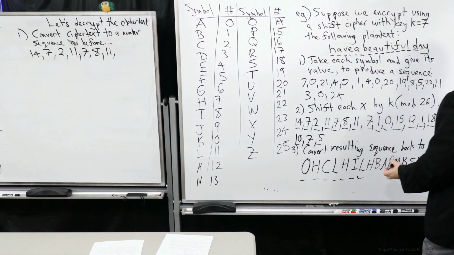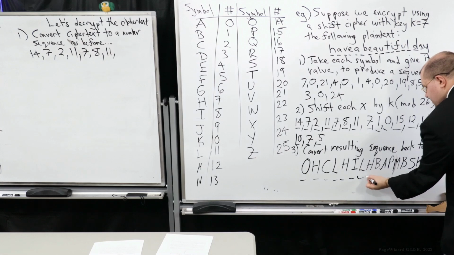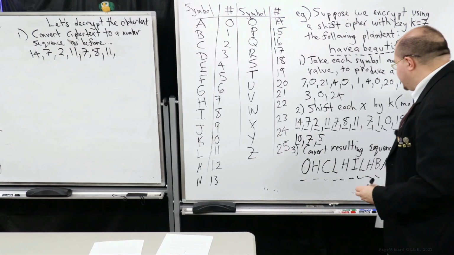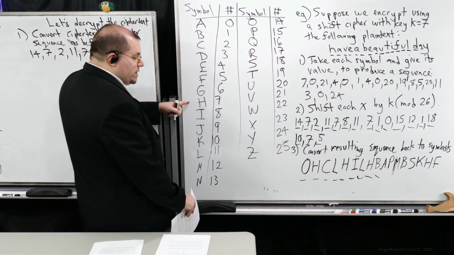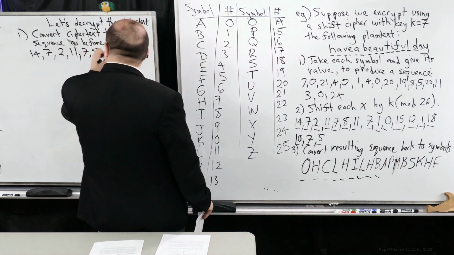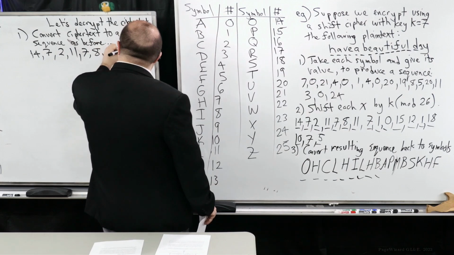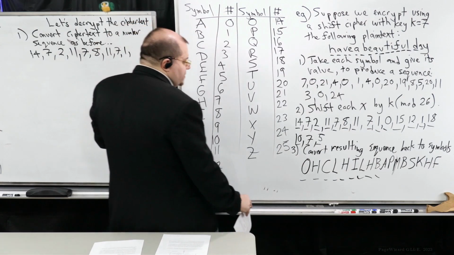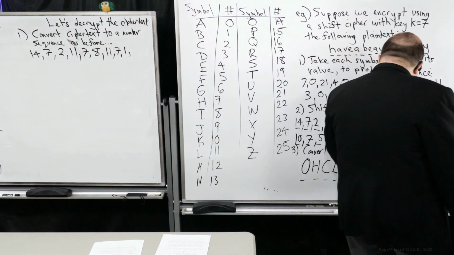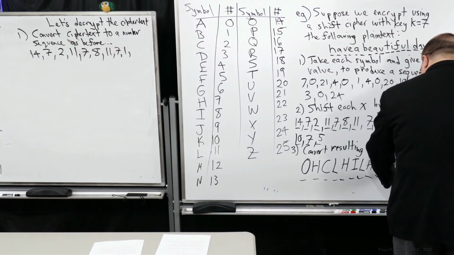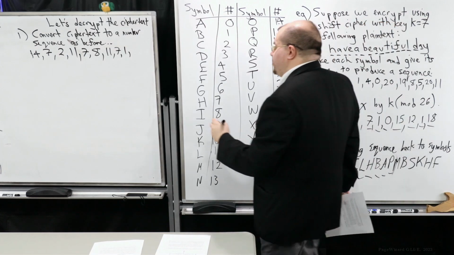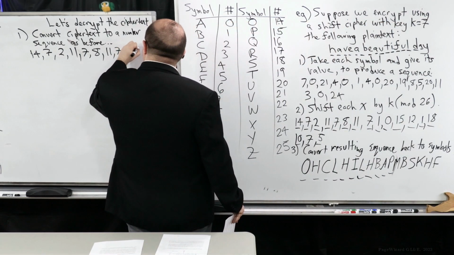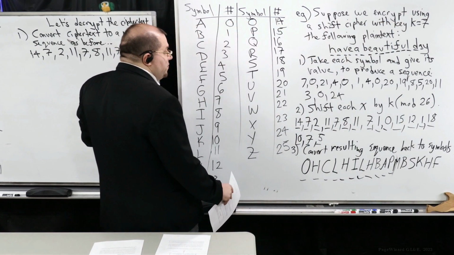Then we got H. That's 7. Then I have a B. So I have 7, and then I have a 1. Then I have A, which is 0, then P is 15. So I have 0, 15.